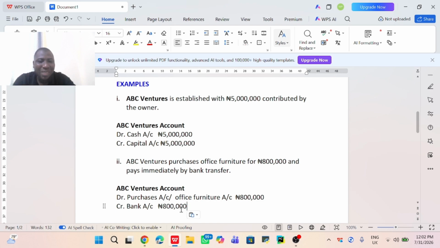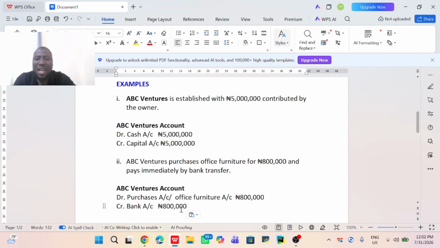Your furniture account is receiving, that is why we debit it, and your furniture account is also an asset, and all assets will be debited. Also, your bank is reducing, that's why we credit your bank account, and you paid for the furniture through your bank account. You give out. That's the reason why we are crediting it.